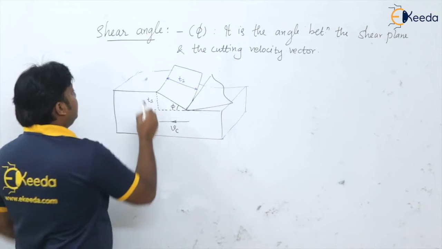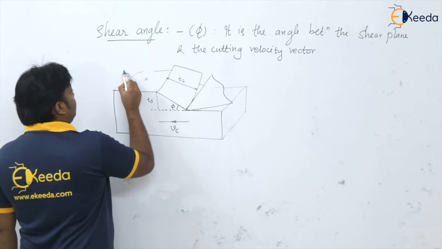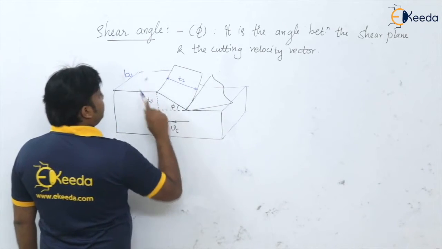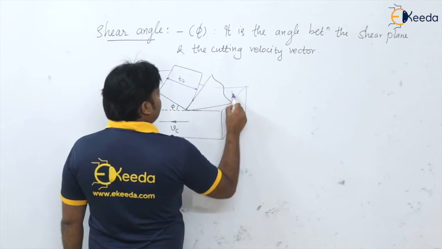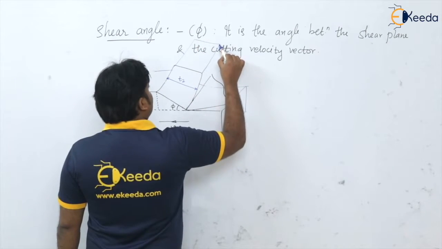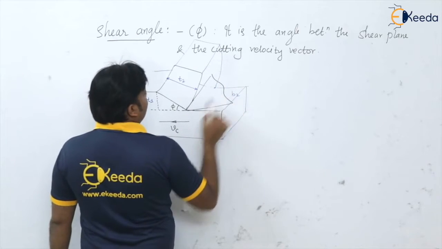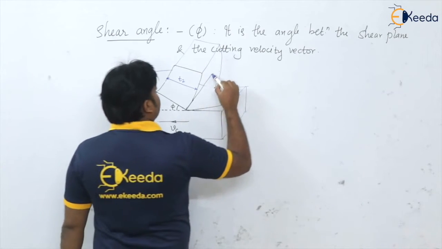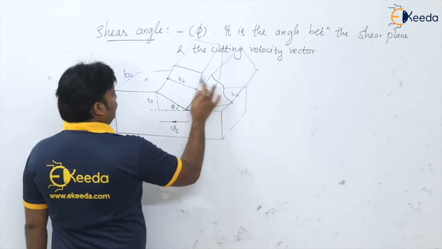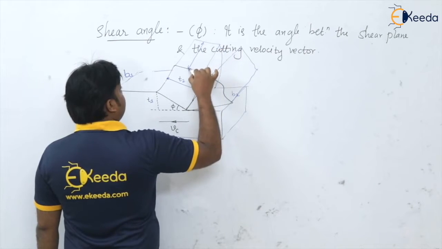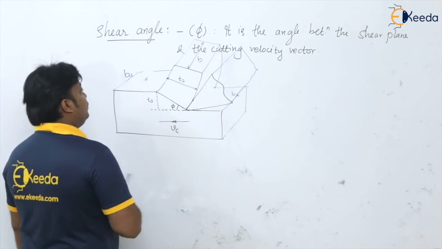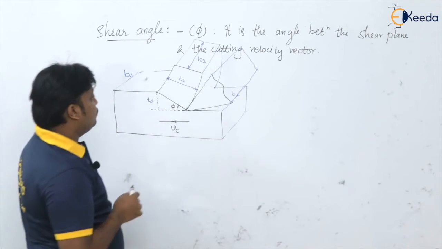Suppose B1 is the width of the chip before cutting, and after cutting it is B2. This is the width of the chip produced, and this is our tool. Of course this width before and after cutting is the same, B1 is equal to B2.